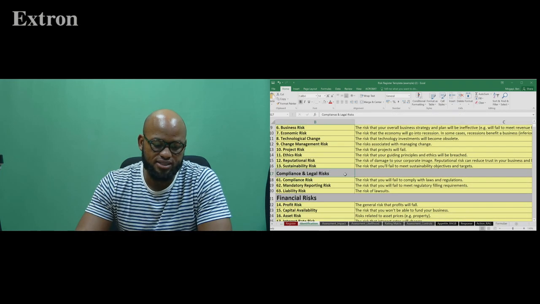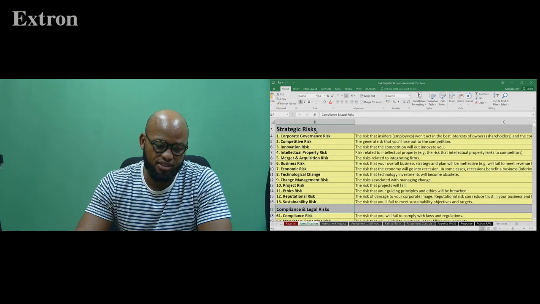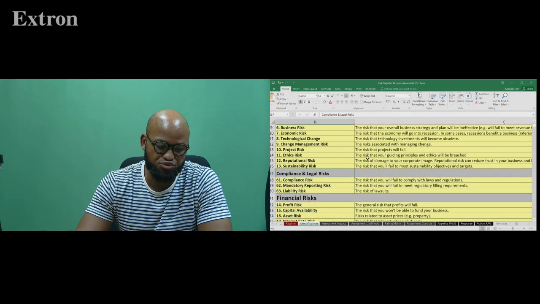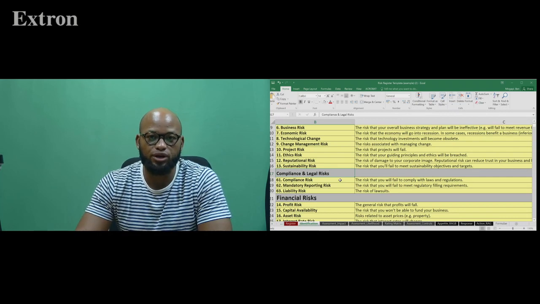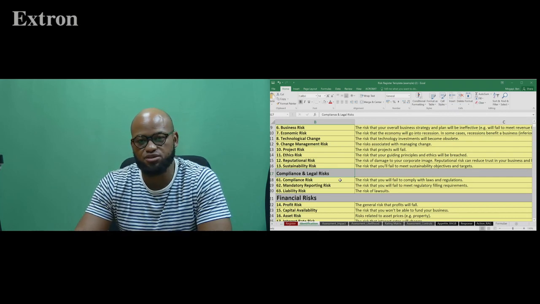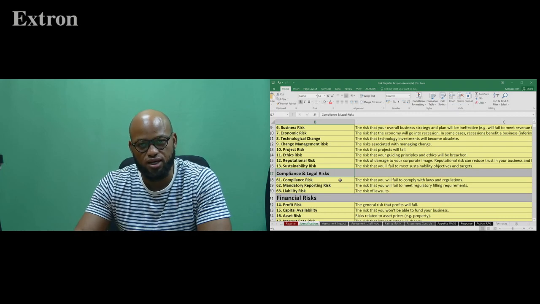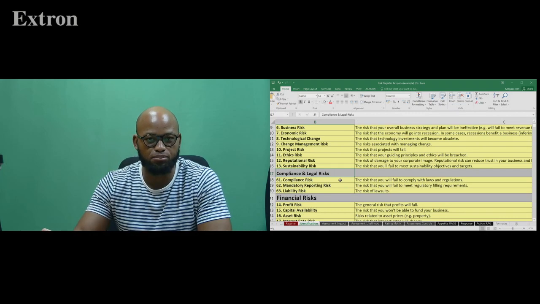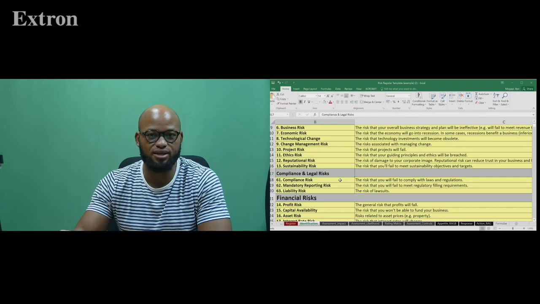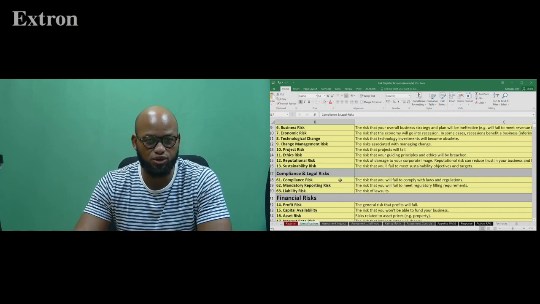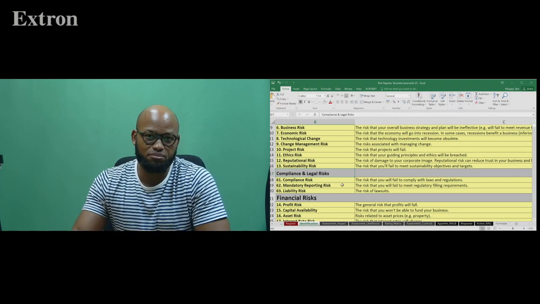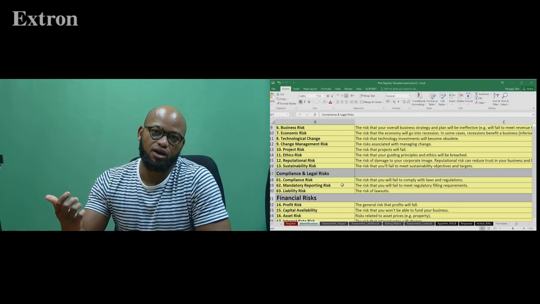Compliance and legal risks are a subcategory of strategic risks. They relate more to legalities. If you are operating within a country or region, it has specific laws. If you don't comply with those laws, there's a chance that the regulators, just like Boeing is learning, can disrupt your operations, because those 737 MAX airplanes they produced were grounded.